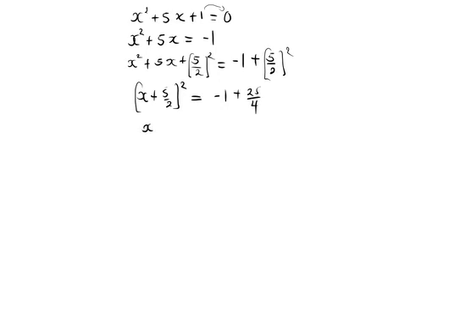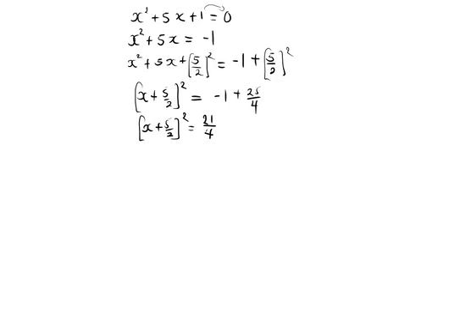So we have x plus 5 over 2 squared being equal to, when you simplify negative 1 plus 25 over 4, you get 21 over 4.